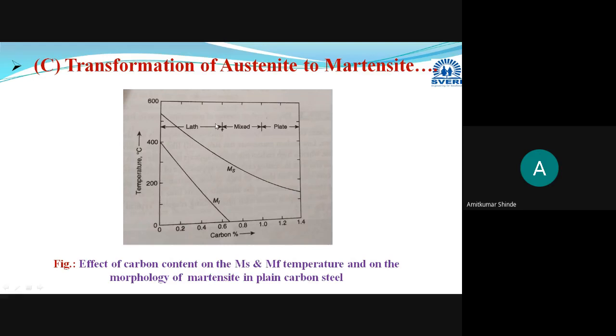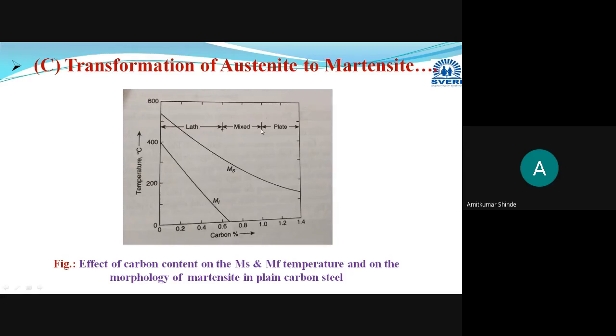Whenever we have low carbon steels, or up to medium carbon steel, that is 0.6 percent, we will get lath martensite. When you observe the microstructure, you will see a strip-like or rod-like structure there. That's why it is termed lath martensite.